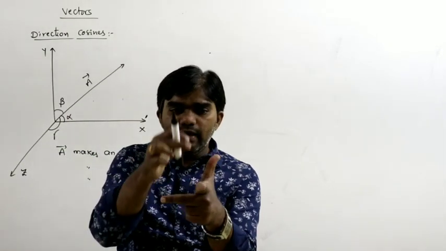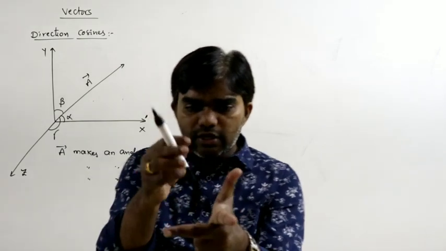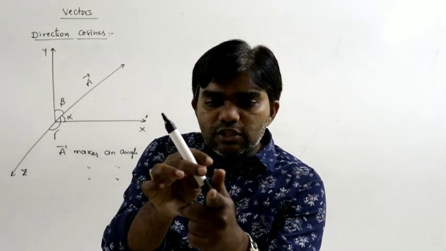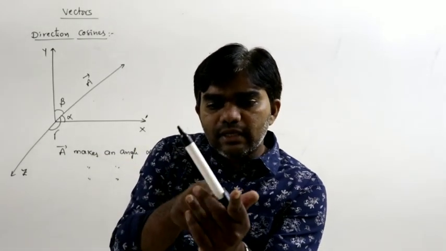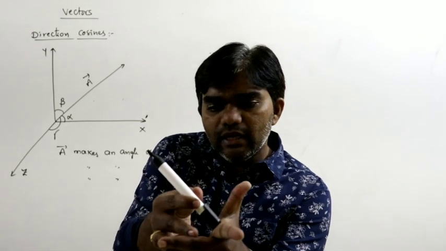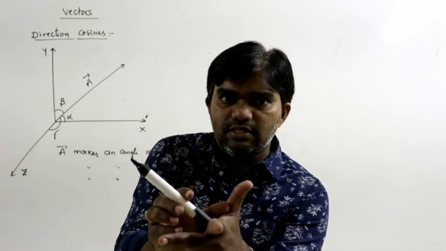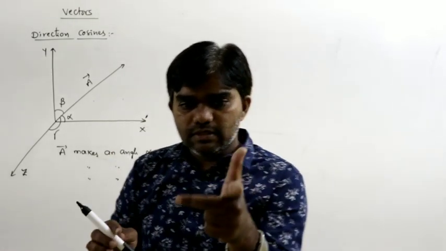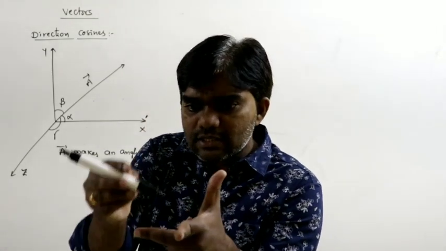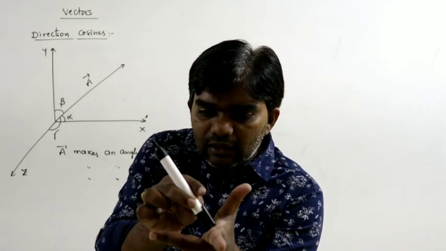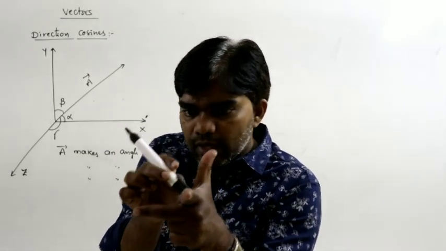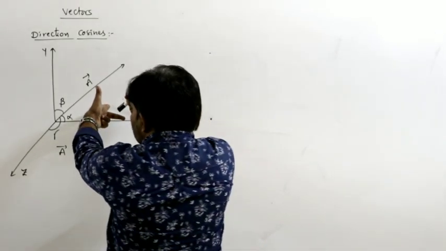This is the x, y and z axis, and this is the vector A bar. This vector A bar makes certain angles with the x axis, y axis and z axis. This is the 3-dimensional plane, and it is not possible to represent the vector 3-dimensionally on the board here.